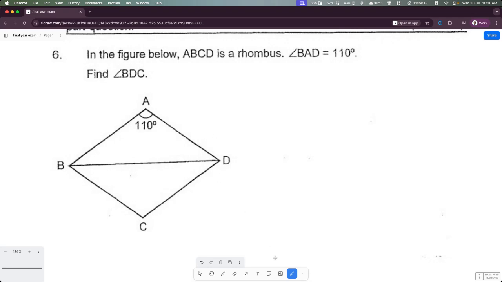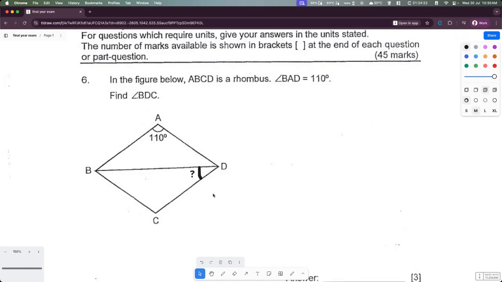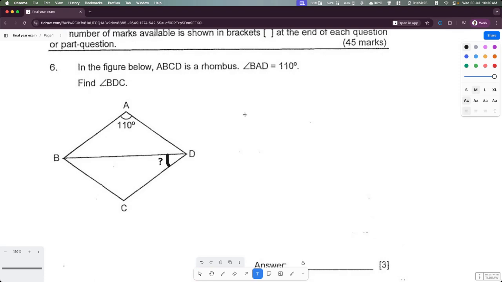BDC is this one. Let me draw it out for you. So what is this angle, with a question mark, in this case over here? All right. So with this, basically I will say that for the rhombus, all sides are equal. What you see over here, this will be, right?